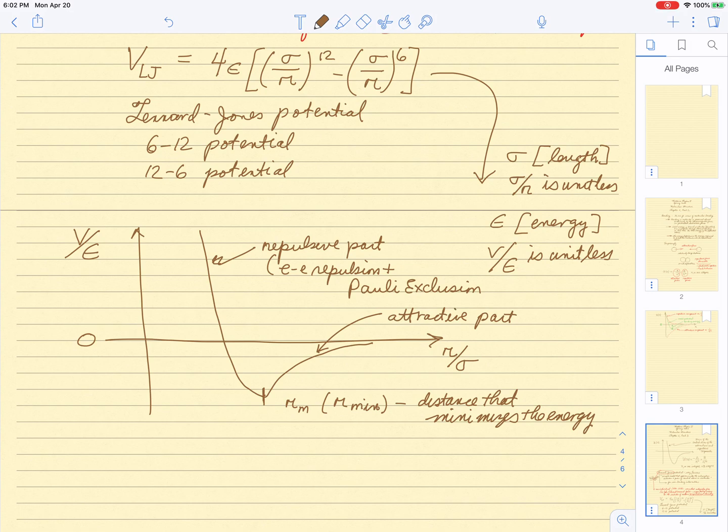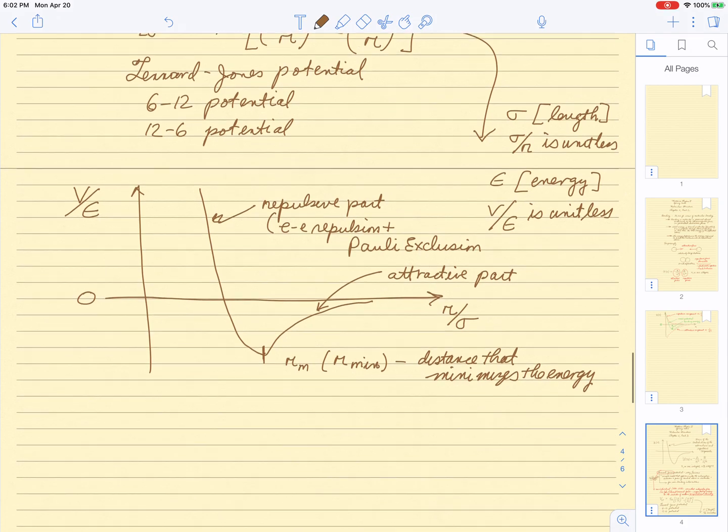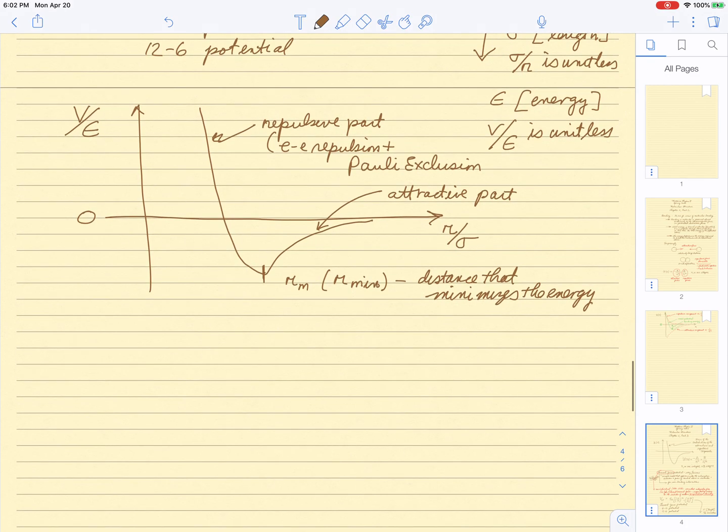So one can easily do lots of calculations on this 6-12 potential, right? Again, let's rewrite this. Lennard-Jones for epsilon going to be sigma over R to the 12th minus sigma over R to the 6th.